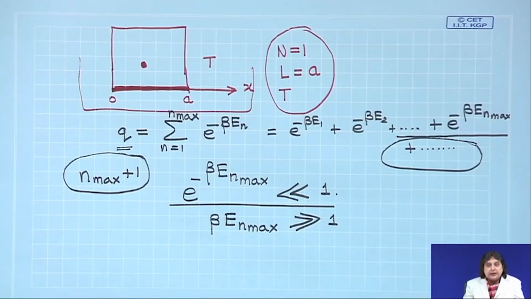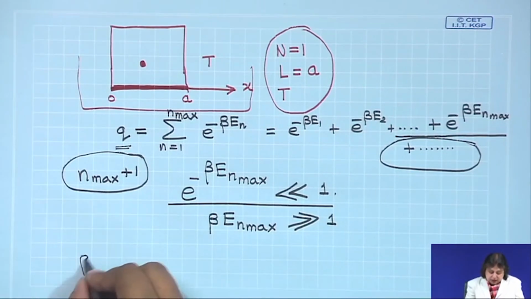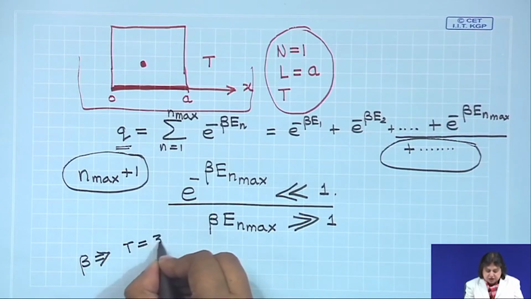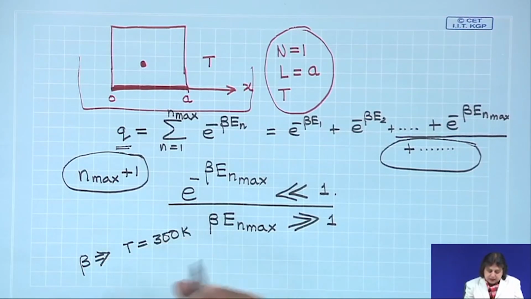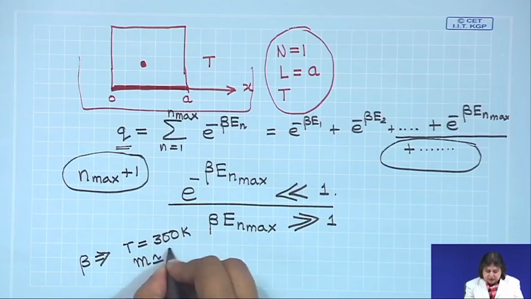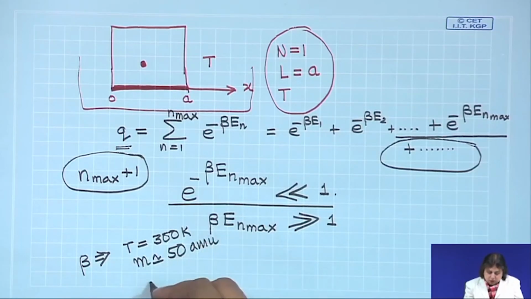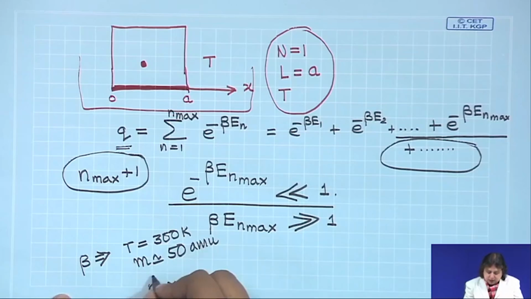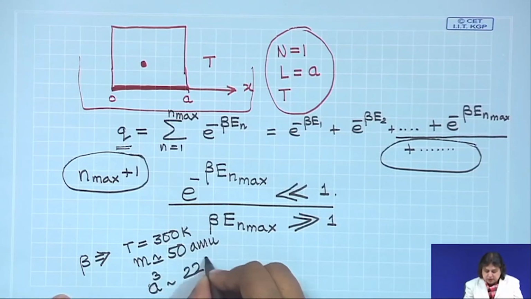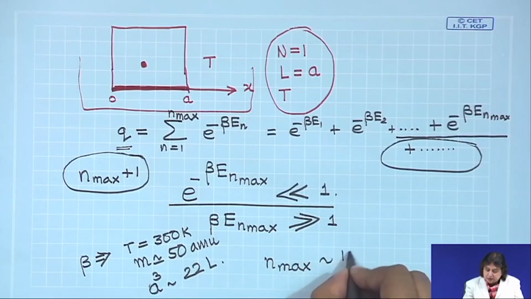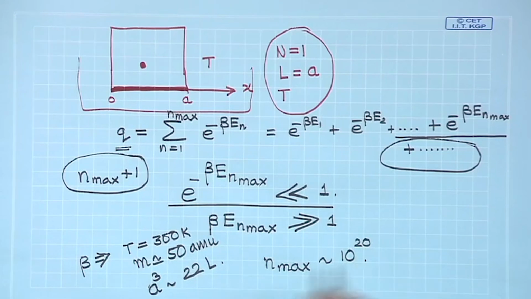Actually, if you look at the possible values, for example, say beta corresponding to a temperature of 300 Kelvin and a mass of about 50 AMU, and if A cubed is roughly about 22 liters, you will find that this n max value is going to be roughly of the order of 10 to the power of 20.